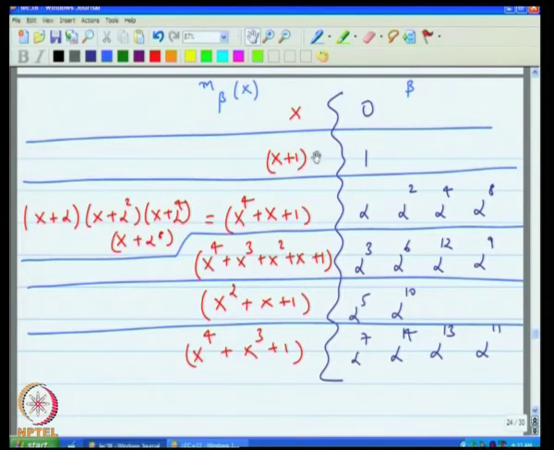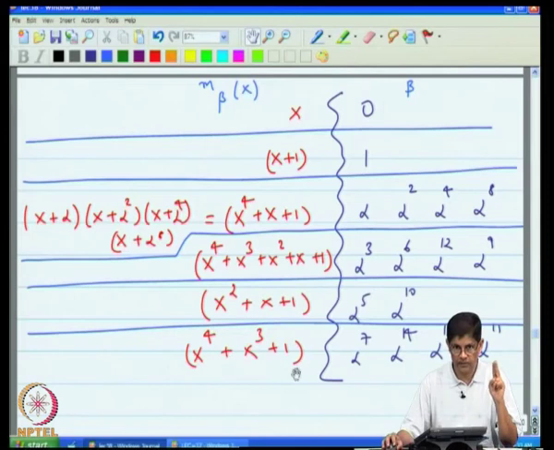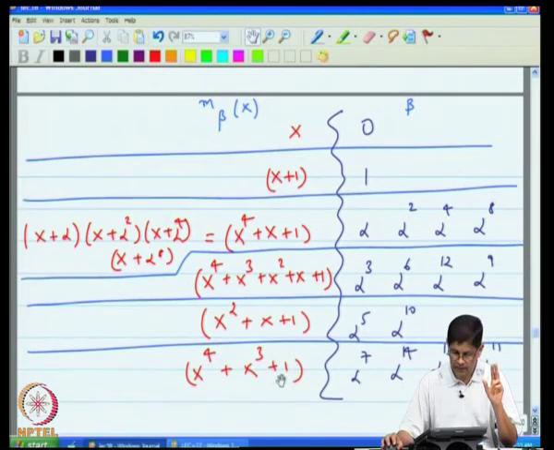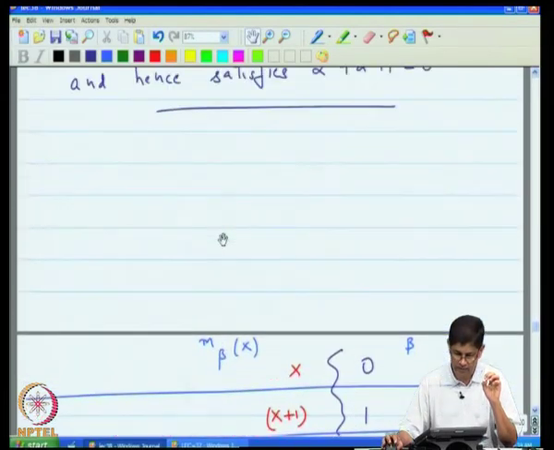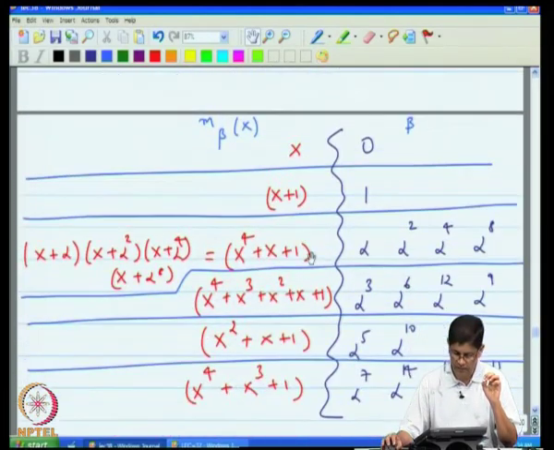One is that every one of these polynomials is irreducible, that means it cannot be factored. Secondly, if you look at the degrees of these, you have degree 1, you have degree 4, and you have degree 2. It turns out that every irreducible polynomial whose degree divides 4 appears here.